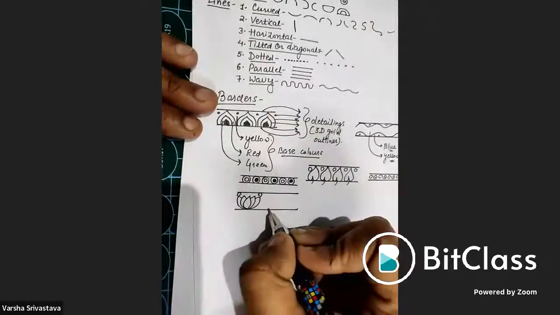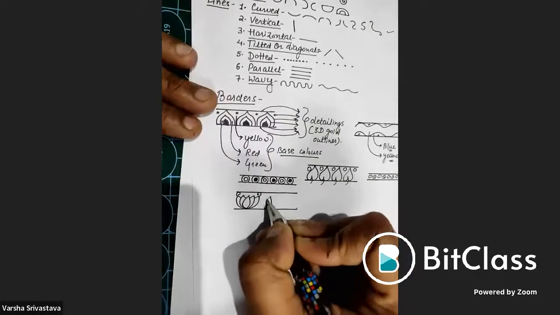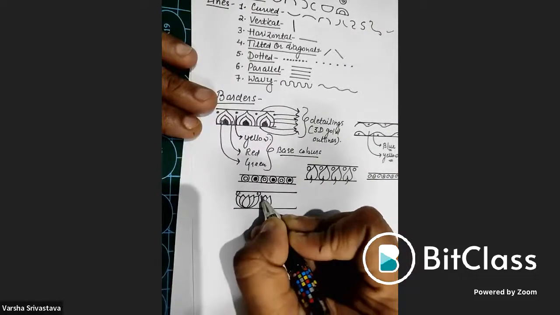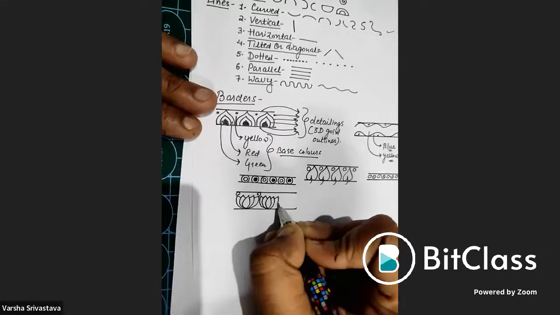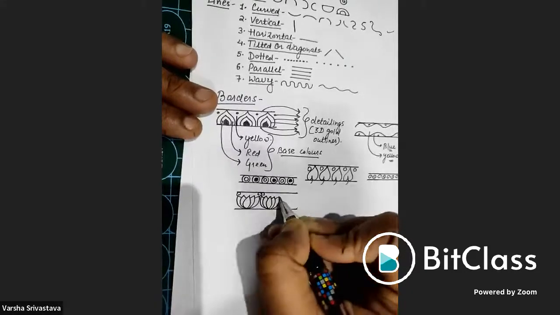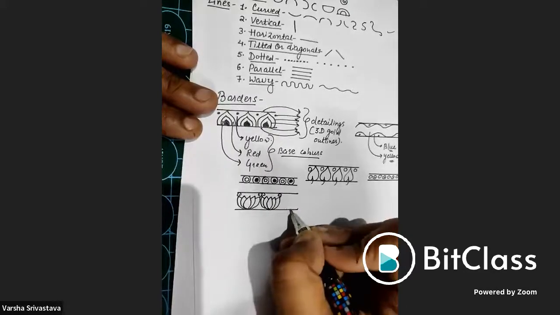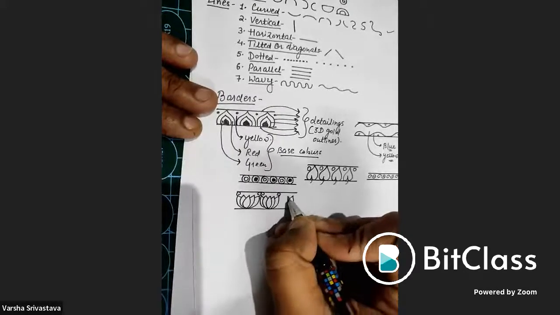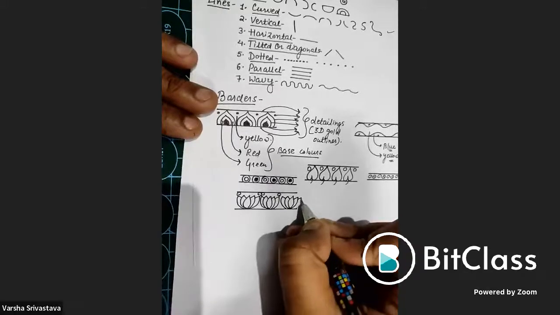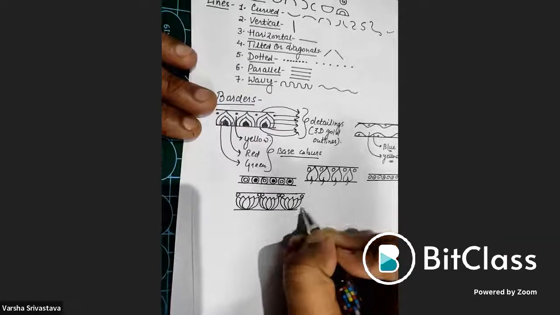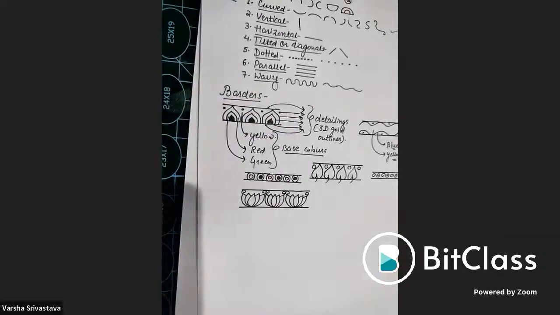Then again, I am making the lotus. Two petals each side. And then the spirals. Now my spirals and my lotuses are attached to each other. Again, two petals each side. And the spirals like this.